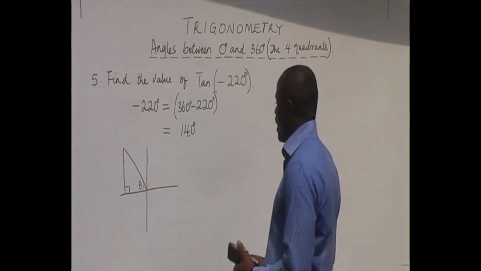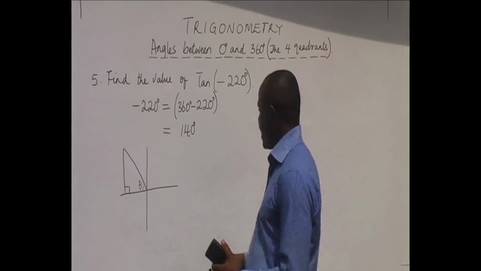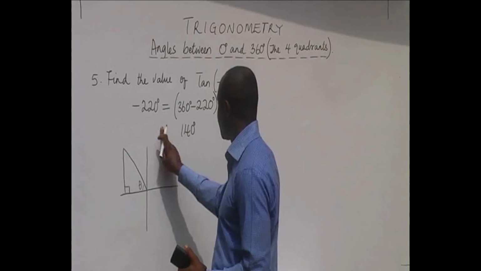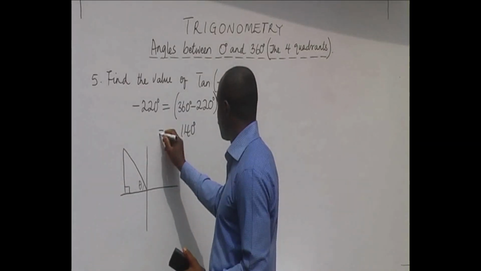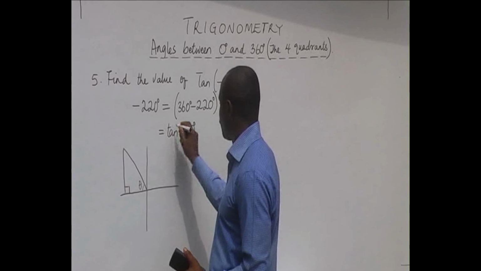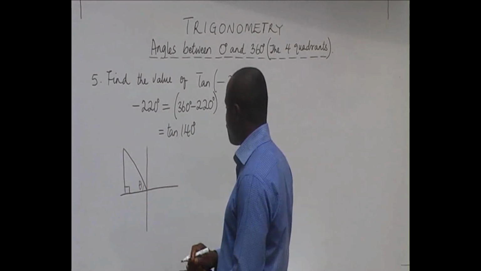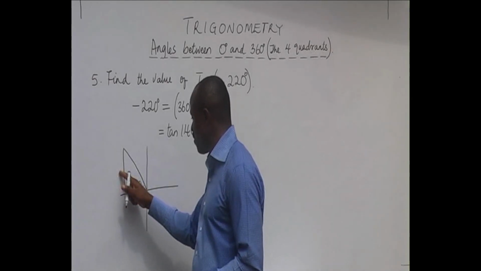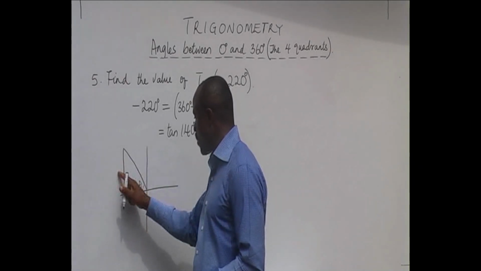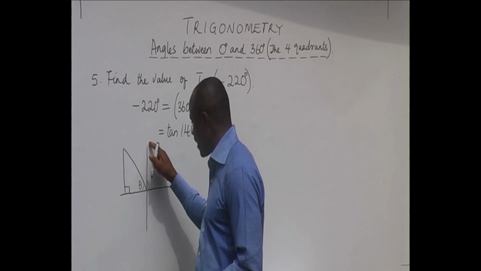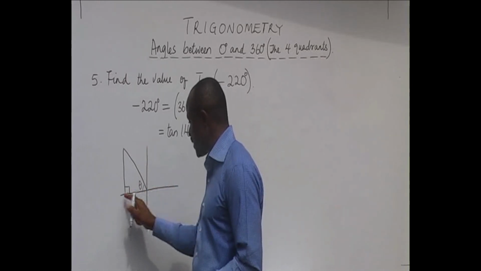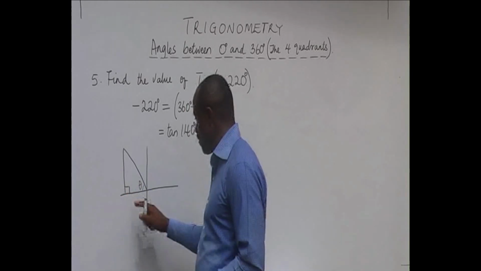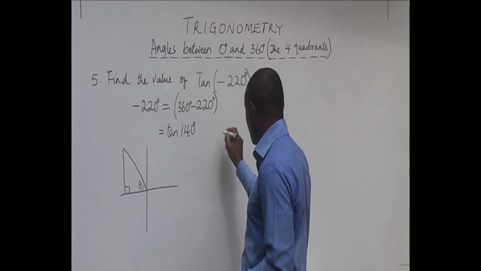Now, ask yourself, in the second quadrant, remember this is tan. Tangent, is it positive or negative? Tangent is opposite over adjacent. Opposite, the positive side of the y-axis. Adjacent, the negative side of the x-axis. Positive divided by negative will give you negative. So whatever value you have will be a negative.